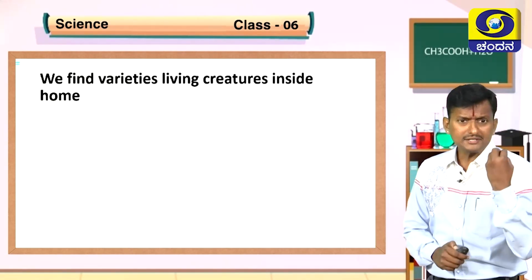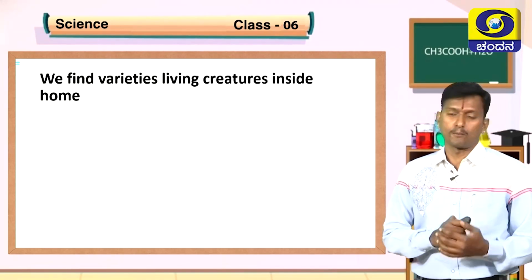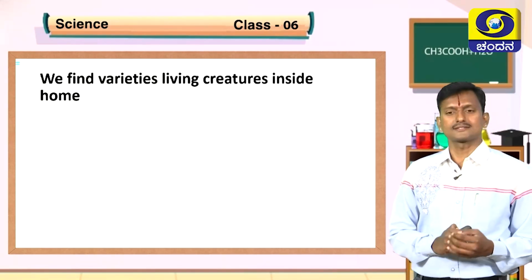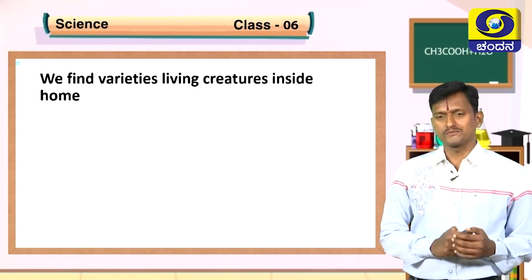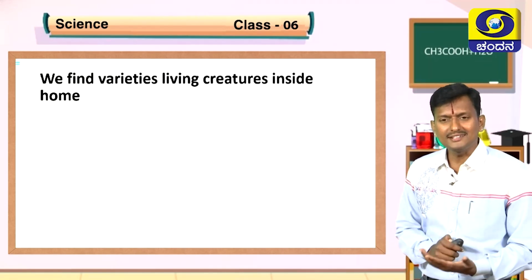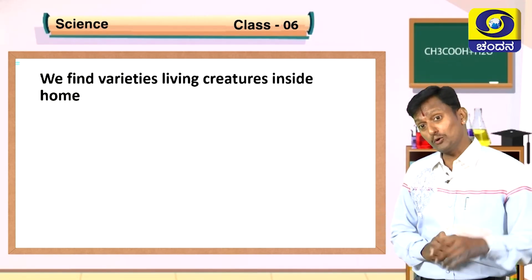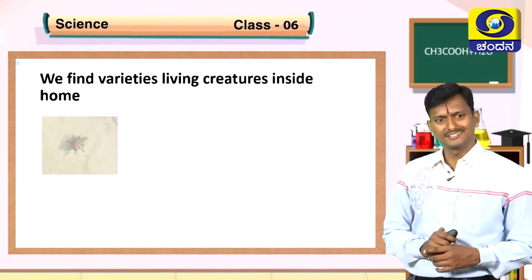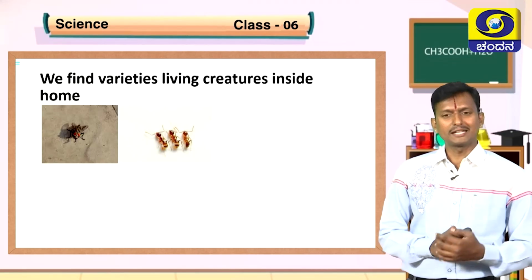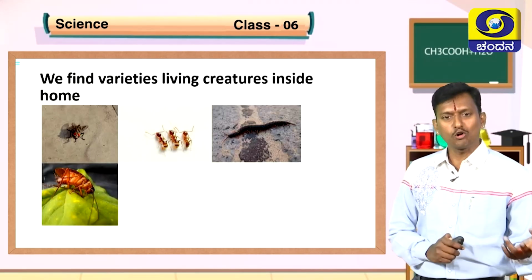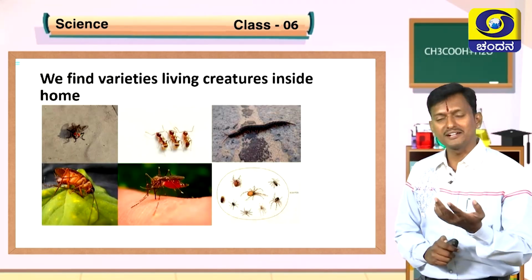So, we find varieties of living creatures inside a home. Are you sure? Yes. If you go to your home, you will find many small living organisms inside. What are they? A housefly, different types of ants, a centipede, cockroach, mosquito, spiders, isn't it?